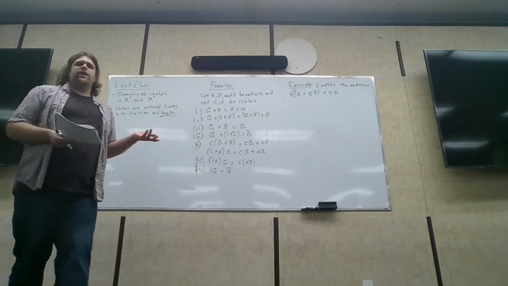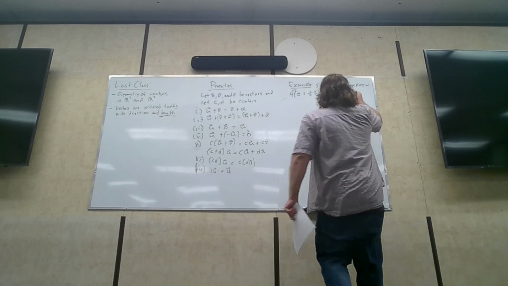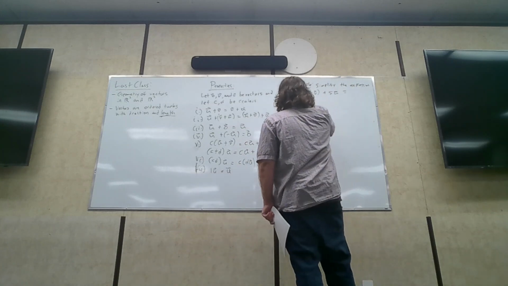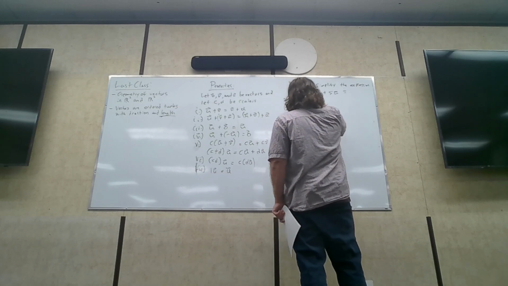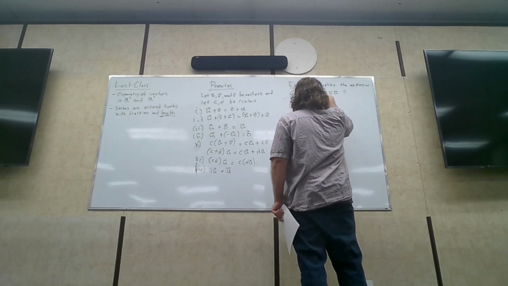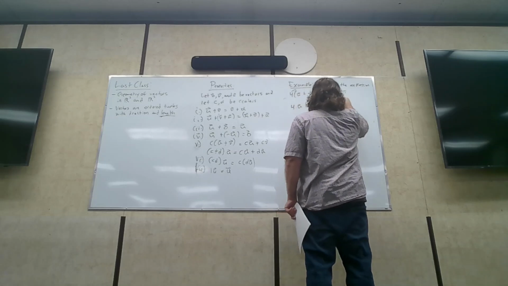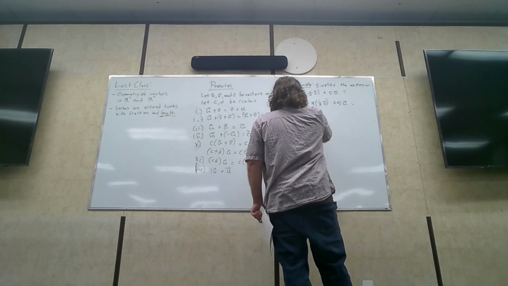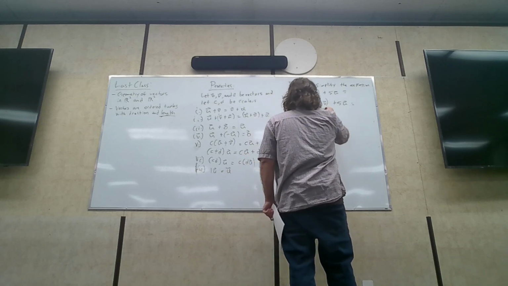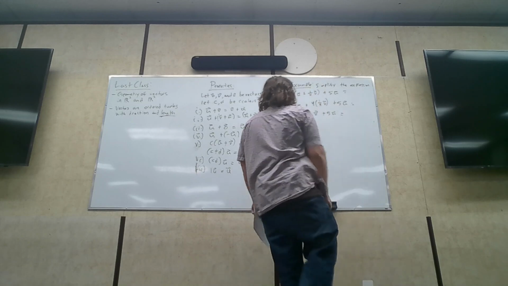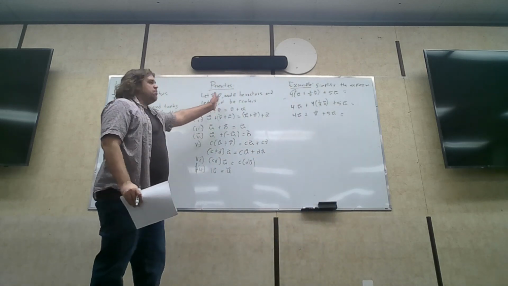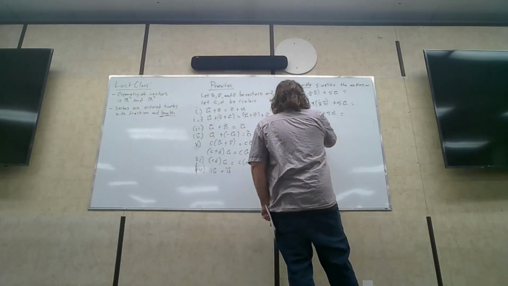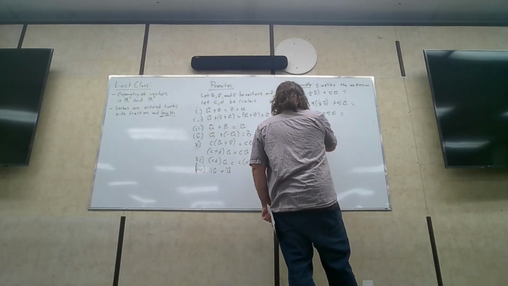So we don't have to do anything fancy. We can just say, well, we know this number distributes in just fine, right? So this is going to be 4 times u plus 4 times 1/4 v, plus 5u. Okay, but we know that these just cancel each other out. And now because we can freely swap addition around, we can just combine like terms for addition, right? So we've got a 4u and a 5u, so that would be 9u plus v.